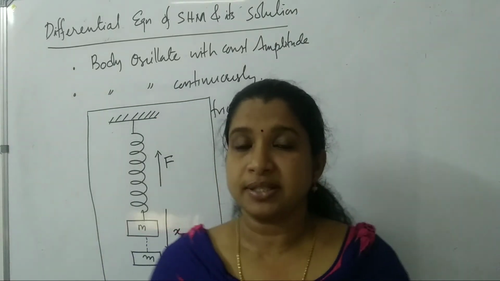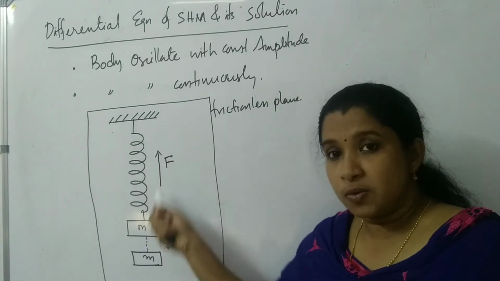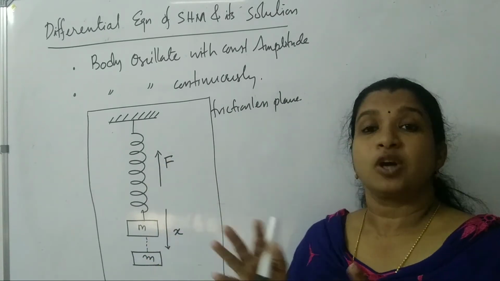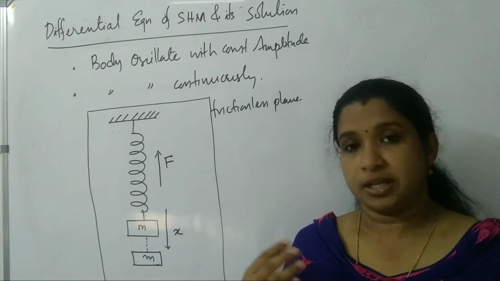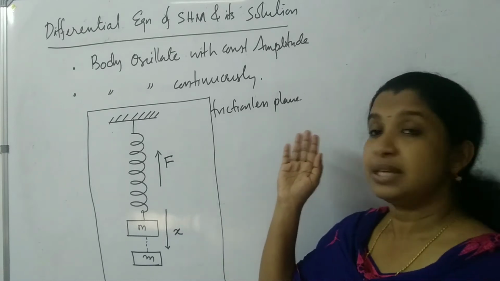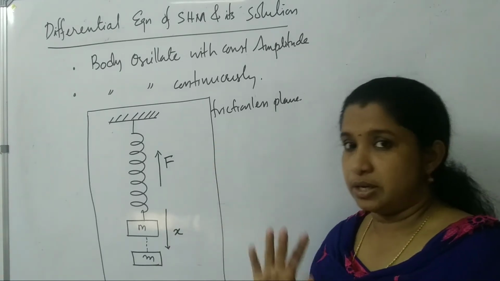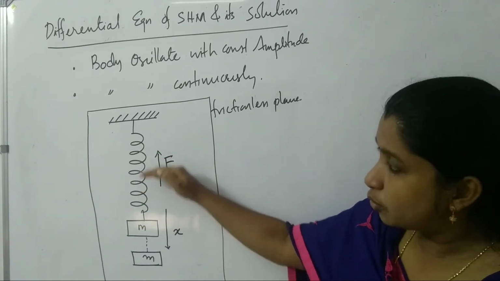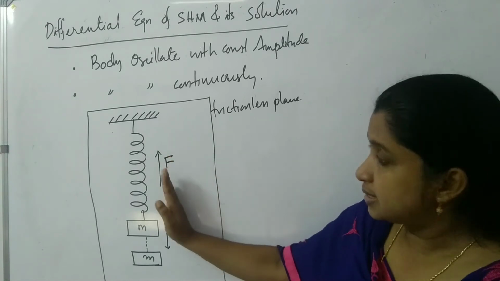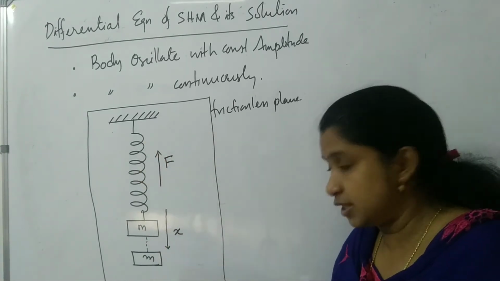In a frictionless plane, this body oscillates continuously with constant amplitude. Frictionless plane means there is no friction and no air resistance, that means it is a vacuum. The force acting on the spring in the upward direction is balanced with this displacement.